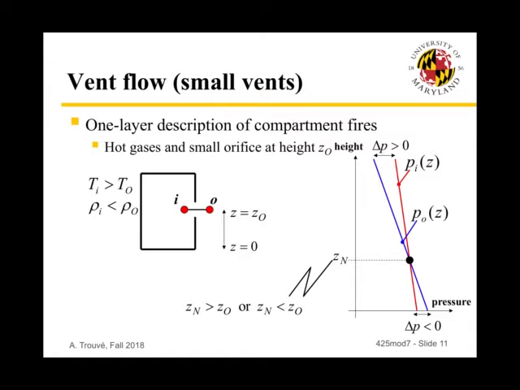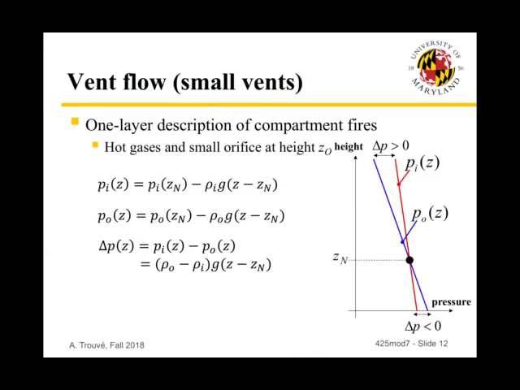All right, so the question is whether we have inflow or outflow for this small vent. And this question is answered by comparing the elevation of the vent ZO to the neutral plane elevation Zn, which is the location where the pressure inside and the pressure outside straight lines cross, as shown on the sketch on the right.